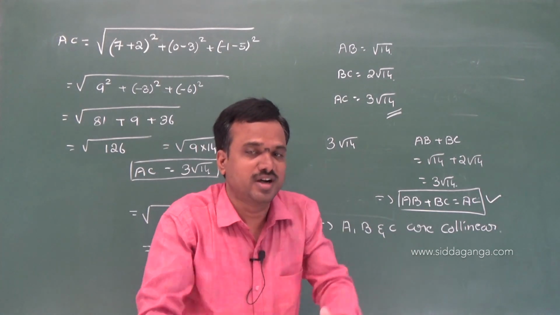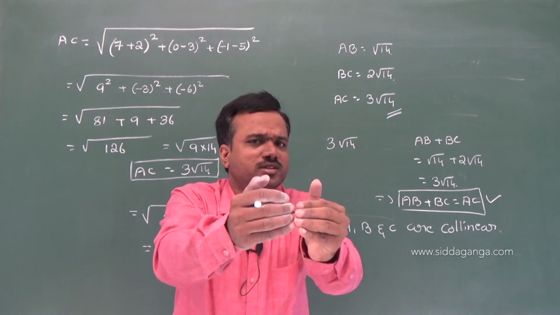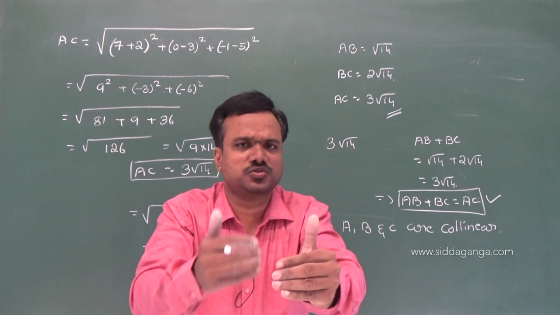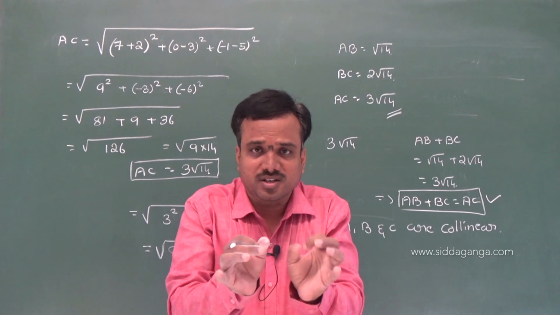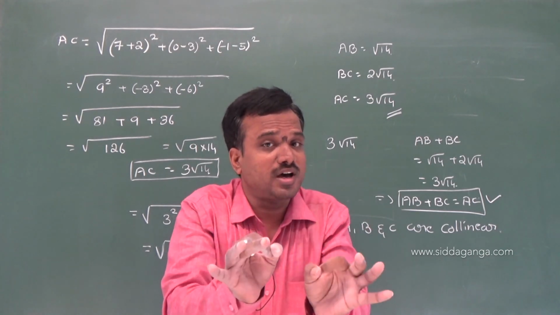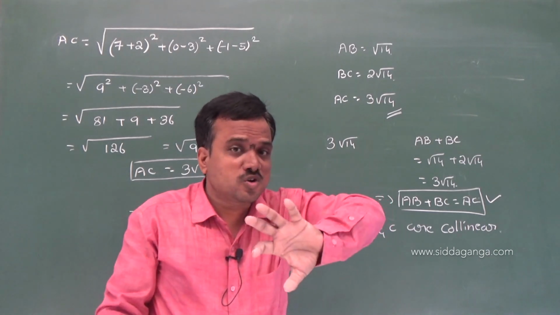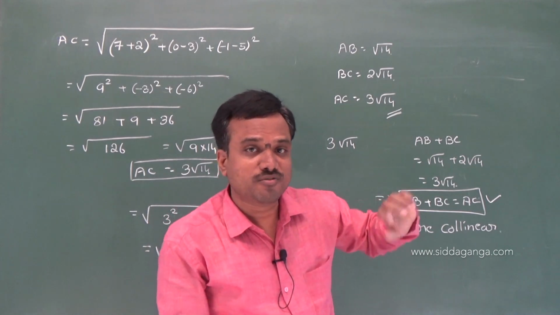This is a very important concept. To prove collinear, first we find 3 distances: distance from A to B, distance from B to C and distance from A to C. Among the 3 distances, we observe which value is highest. That value should be equal to the sum of the other 2 values.